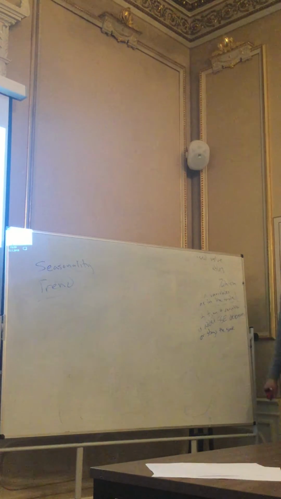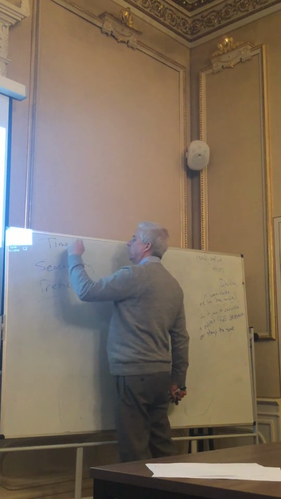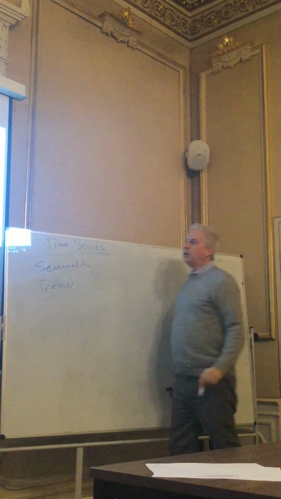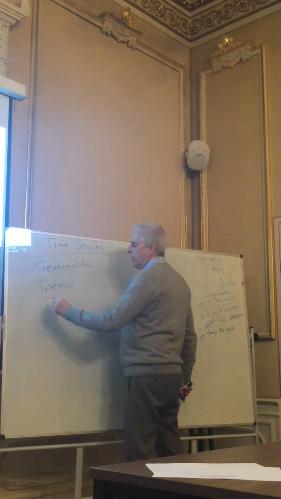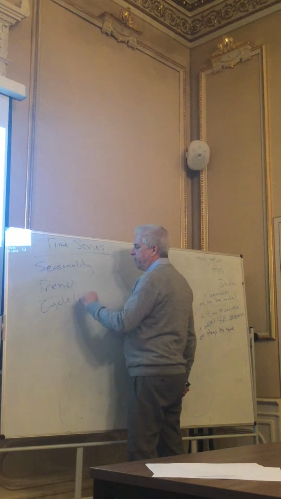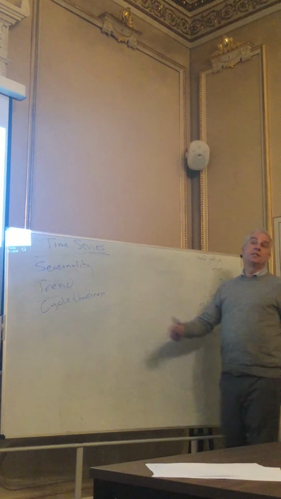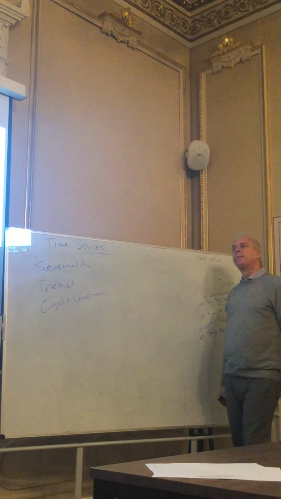In time series forecasting, which is what we're going to look at now, they usually divide the effects of the series into four categories: seasonality, trend, some other type of cycle, sometimes called business cycles, some other kind of cycle that's not repeating on a regular basis.